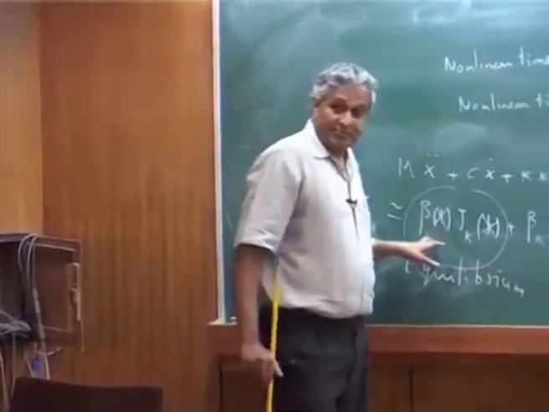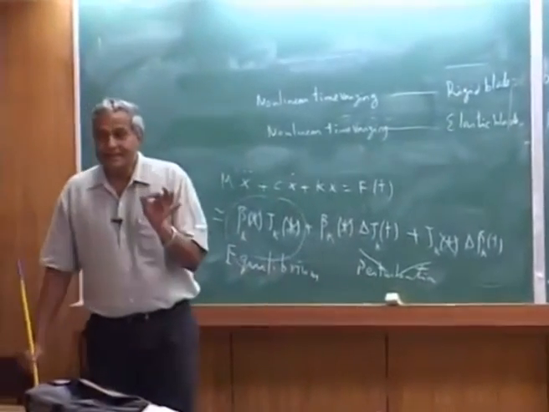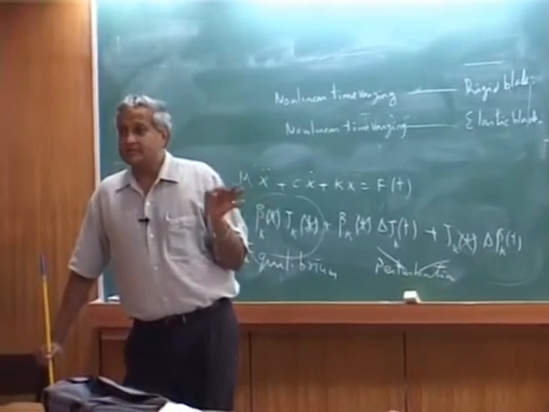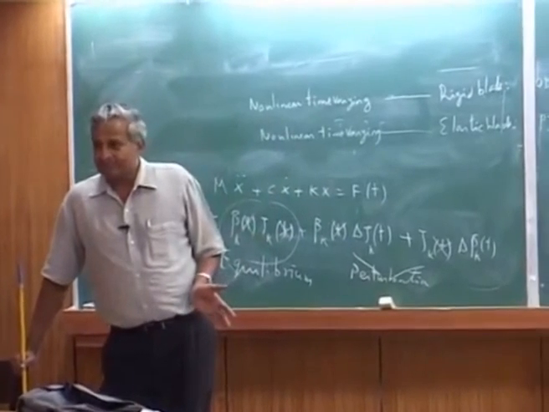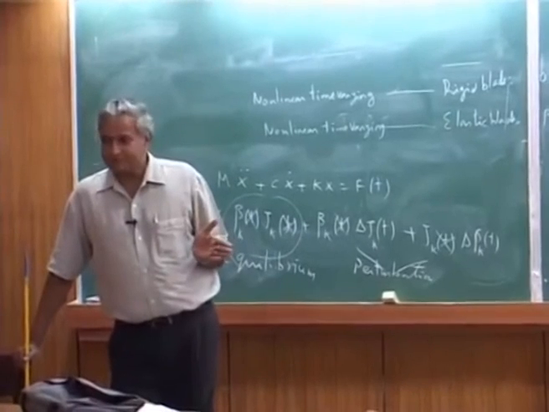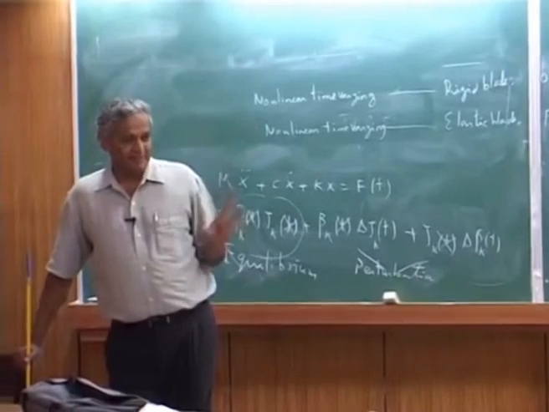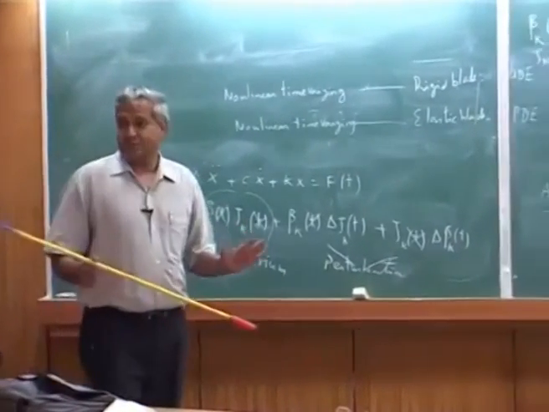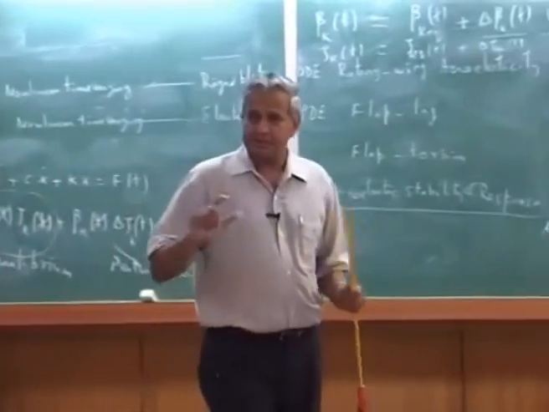Once you know what the flap deflection and the lag deflection are, you substitute here, and you will have a linear stability equation with constant coefficients, and you solve for eigenvalues. Because you know the matrix algebra, you solve for the eigenvalues, and you will get the stability results. This is the general procedure, and this is consistently followed, whether you do all this calculation numerically or by hand.